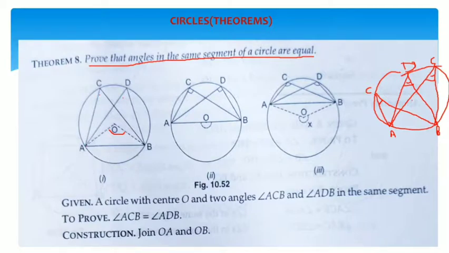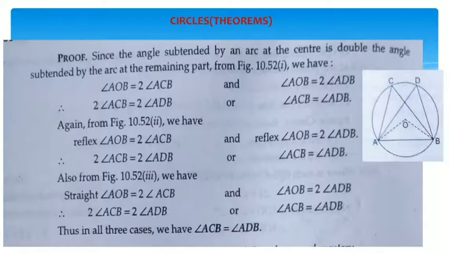So for this arc AB, angle AOB will be twice of angle C. Similarly, angle AOB will be twice of angle D. Now we can see here this angle AOB is twice of angle ACB, because this is the angle at the center by the arc AB, and this is the angle on the remaining part of the circle by the same arc. So this angle AOB will be double of ACB. Similarly, angle AOB will be double of this angle D, same theorem.